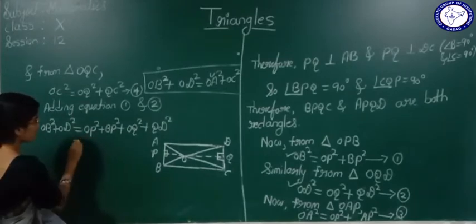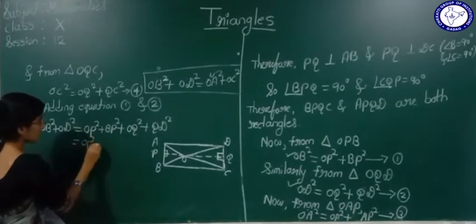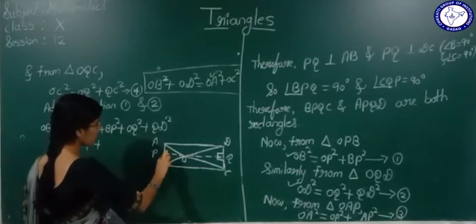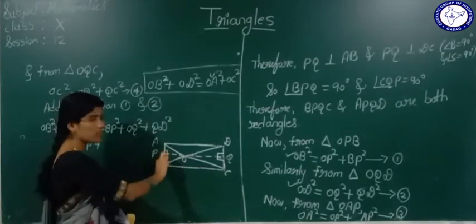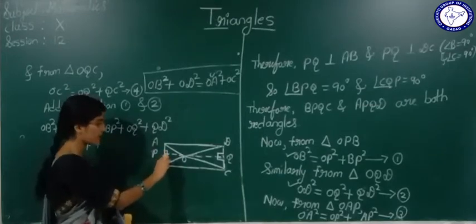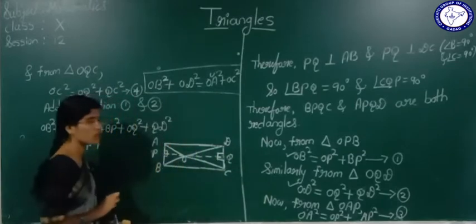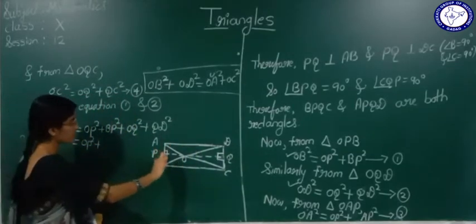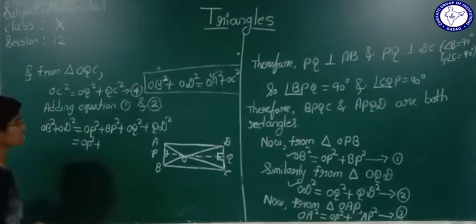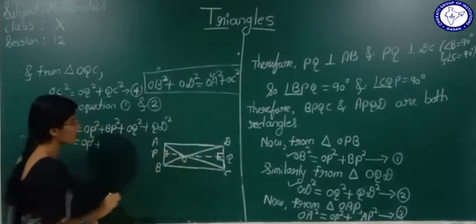Now see here, in a rectangle, opposite sides are going to be equal, yes or no? In a rectangle, opposite sides are going to be equal. So in place of BP, can I write QC? Yes.